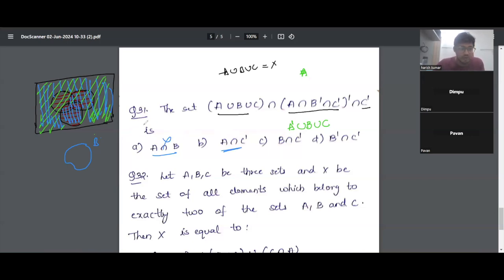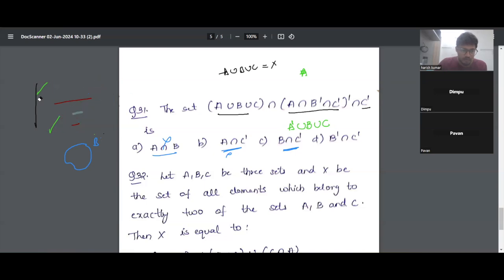That means I'll get this A part, so that is also wrong. What about B intersection C complement? C complement is exactly outside C, and B is this part, so here we will not get C. This is what we want. Understood, both of you? Yes, sir. So this is how Venn diagrams will help us in solving the questions.